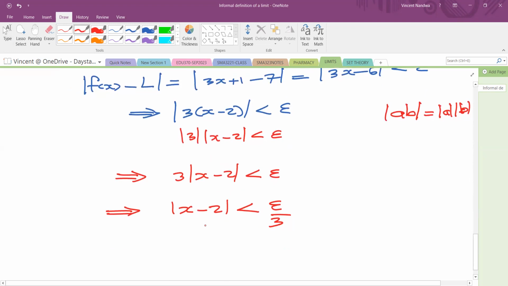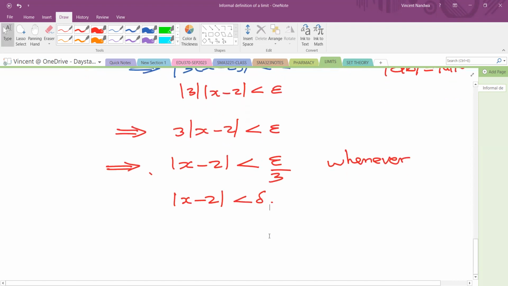And remember, this is the result obtained from the absolute value of f of x minus L. So this thing, absolute of x minus 2 is less than epsilon over 3 whenever the absolute value of x minus 2 is less than delta from the definition.